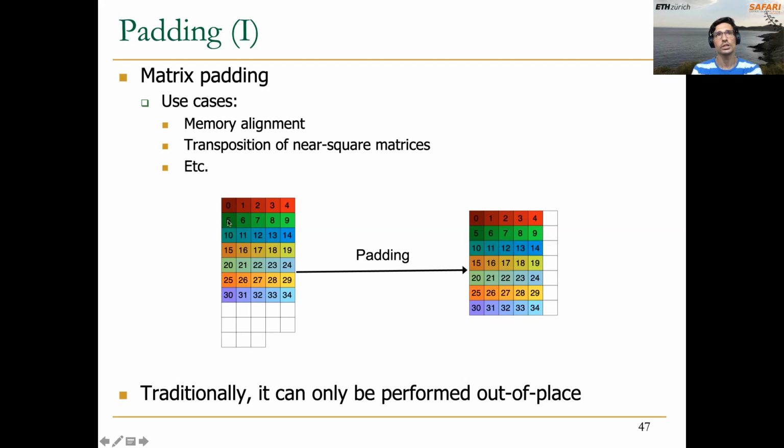So for example, these 5, 6, 7, 8, 9 have to be shifted one position to the right, to, let's say, higher addressed memory locations. We have to be very careful when performing this operation because we can overwrite data. That's why it was typically performed out of place.